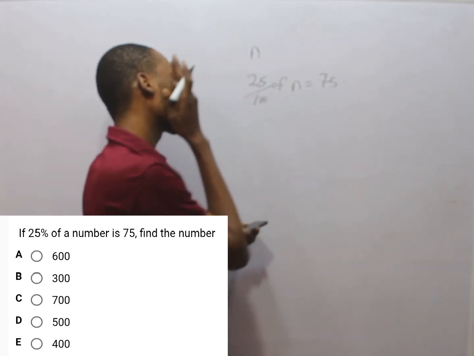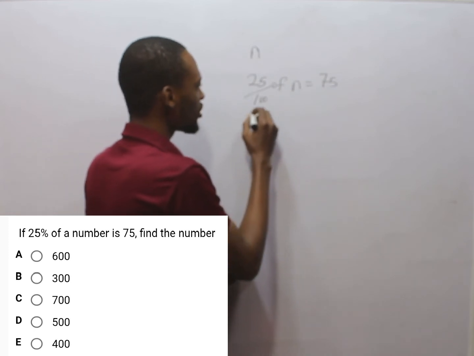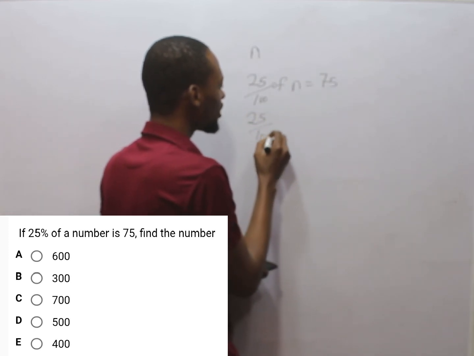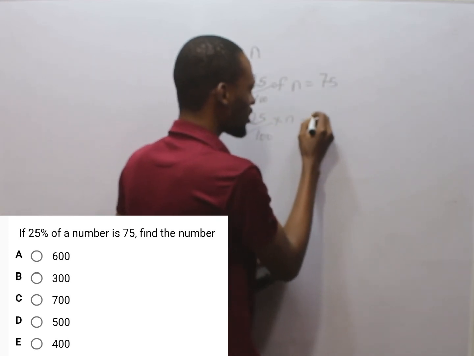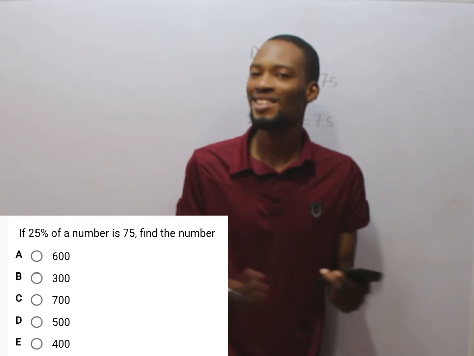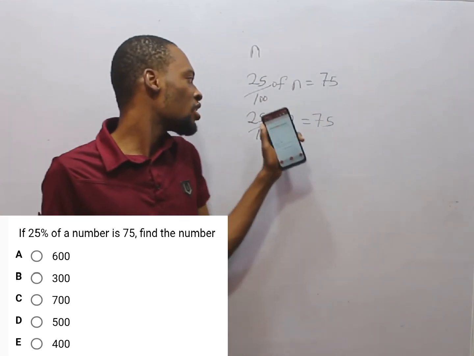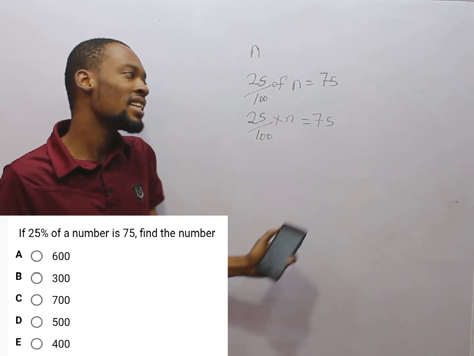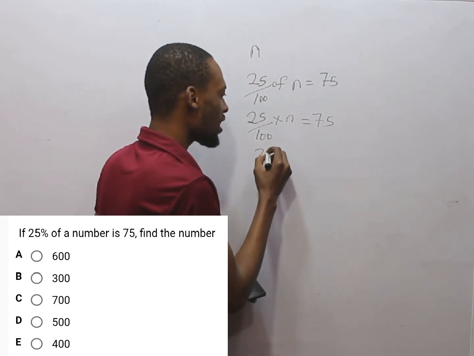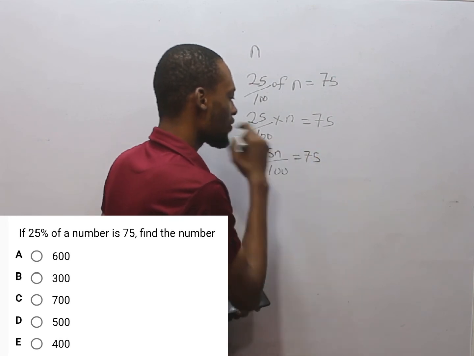We've interpreted 25% of the number is 75. This simply means that 25 over 100 times the number is 75. In mathematics, of represents times. So 25 over 100 of n is 25 over 100 times n. And this is 25n over 100 is equal to 75.